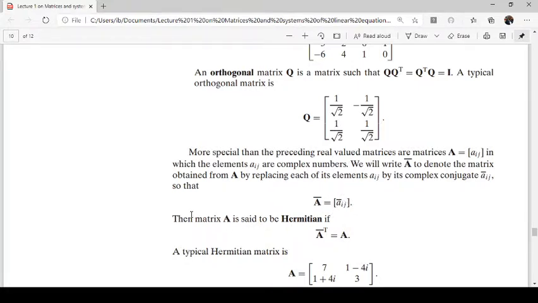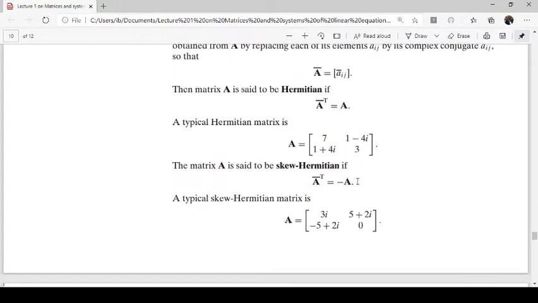Now, if I say matrix A is a Hermitian matrix, what I'm saying is that the transpose of the conjugate of that matrix is equal to A. A skew Hermitian matrix simply means the transpose of the conjugate of that matrix is minus A. You try this on your own.